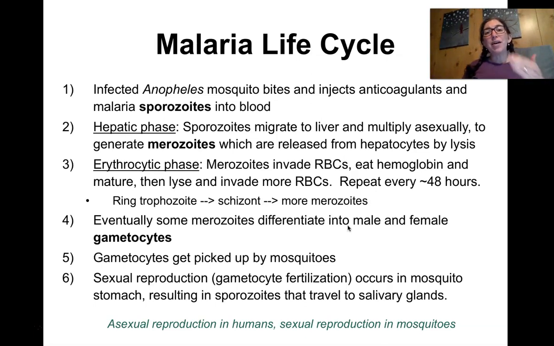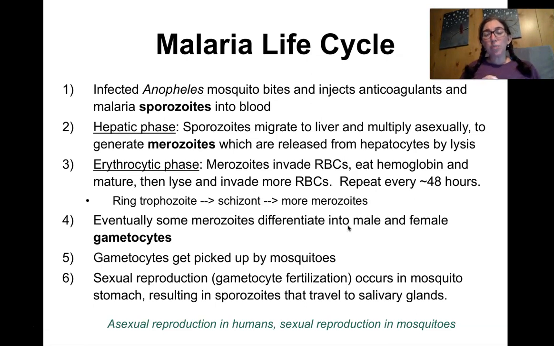But there have been occasional cases of transmission of malaria in the US. There are some people who contracted malaria in an endemic country and come back here and potentially get bit by mosquitoes, but it's not a critical mass large enough to start an epidemic in the US.